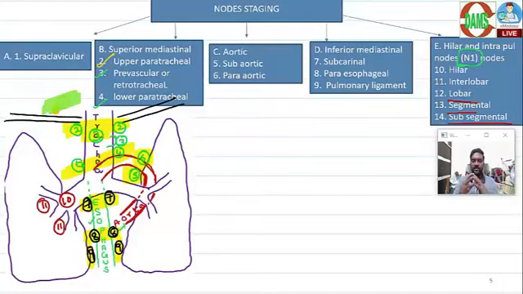These are the important groups of lymph nodes: supraclavicular, superior mediastinal, aortic, inferior mediastinal, hilar and intrapulmonary nodes. No need to know much about this, but whenever they ask what are N1 nodes, you must know this.